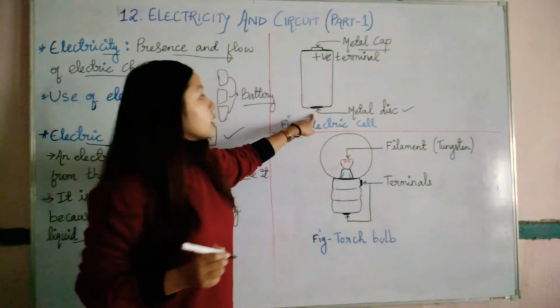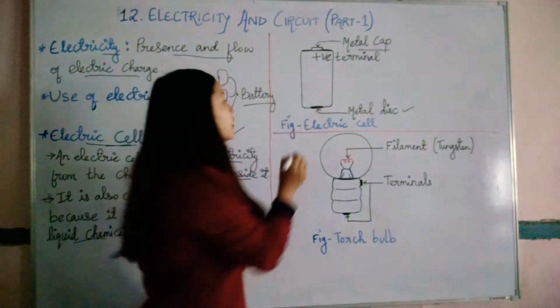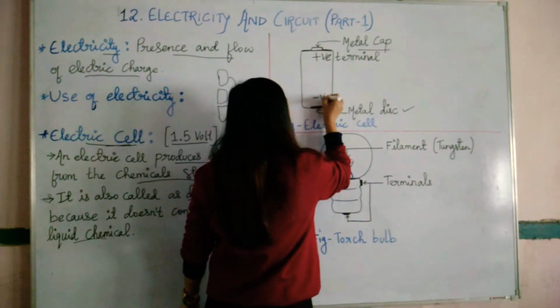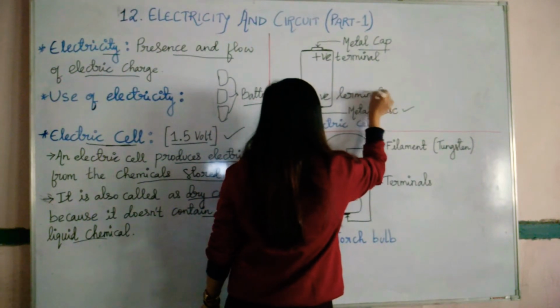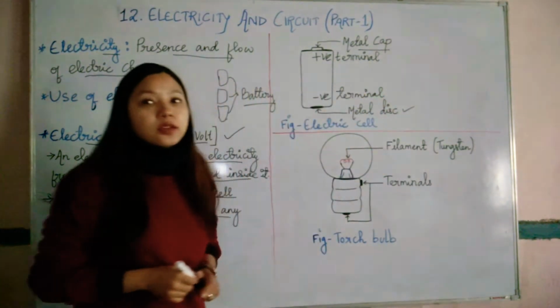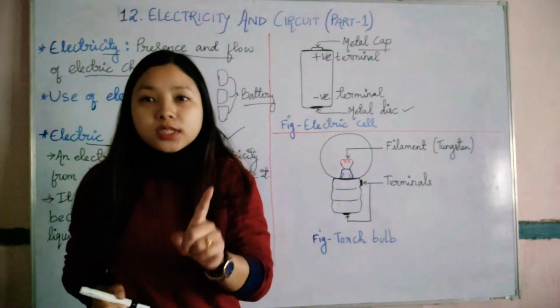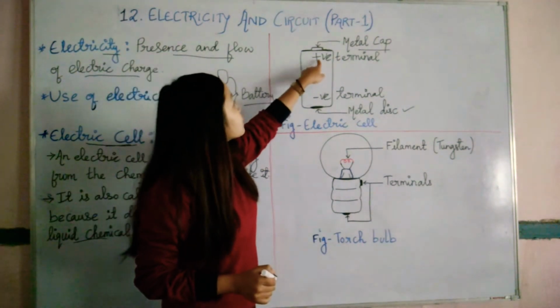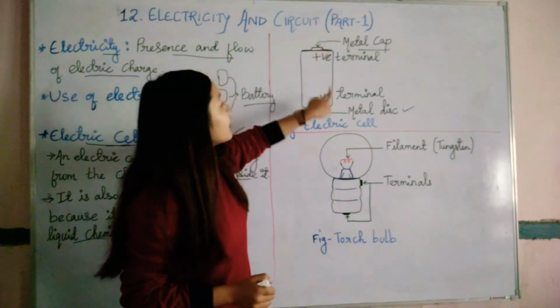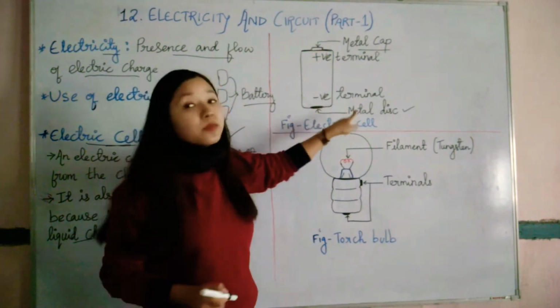Whereas the bottom, where the metal disc is, is the negative terminal. So in a cell, we have two terminals, a positive terminal towards the metal cap and a negative terminal towards the metal disc.